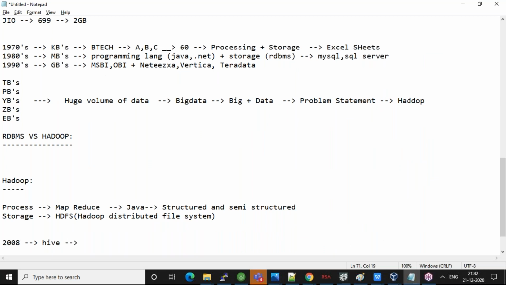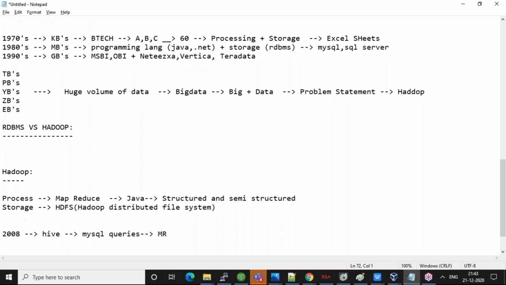In this Hive component, we can write SQL queries. Hive allows you to write SQL queries, but the backend is MapReduce. MR is nothing but MapReduce. By using Hive, you can process structured and semi-structured data.